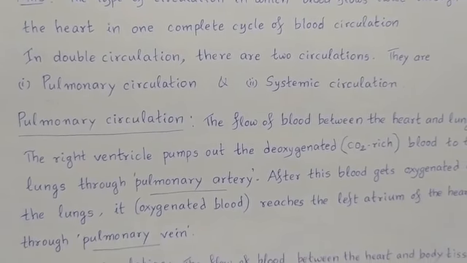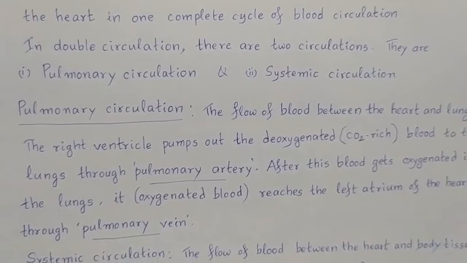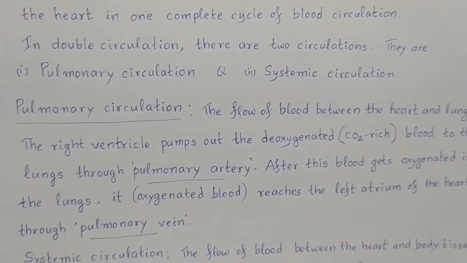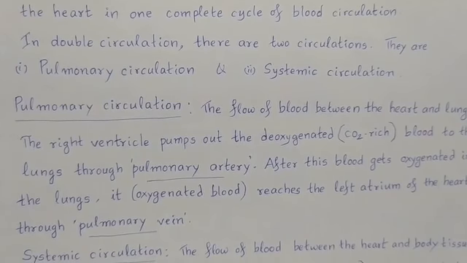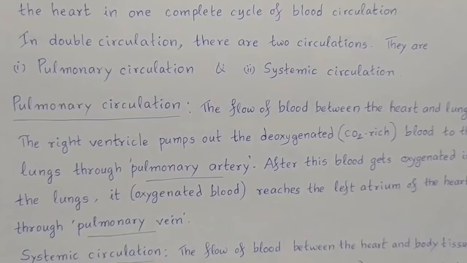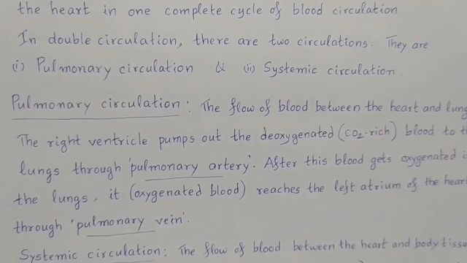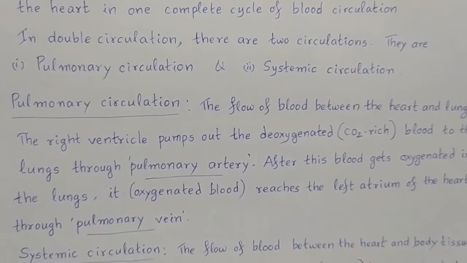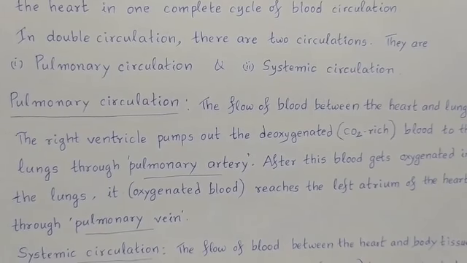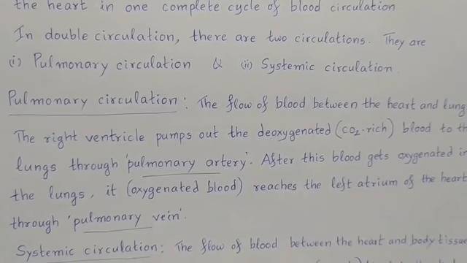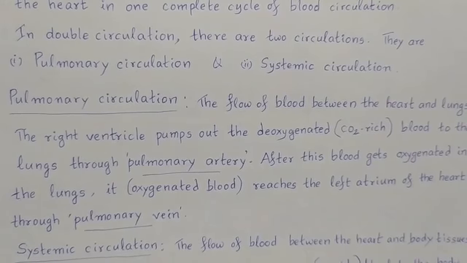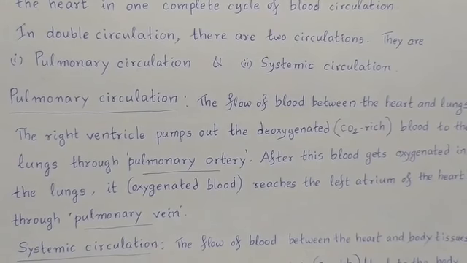What is pulmonary circulation? The flow of blood between the heart and the lungs is known as pulmonary circulation. The right ventricle of the heart pumps out the CO2 rich or the deoxygenated blood to the lungs through pulmonary artery.